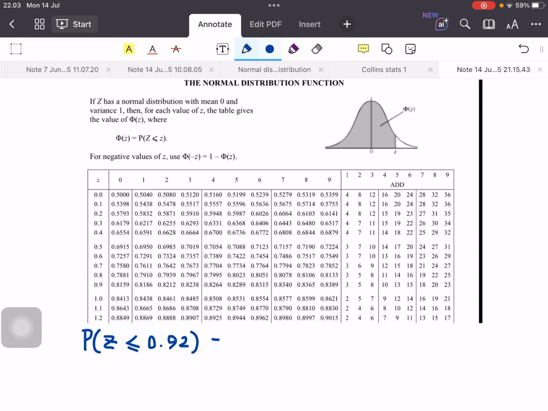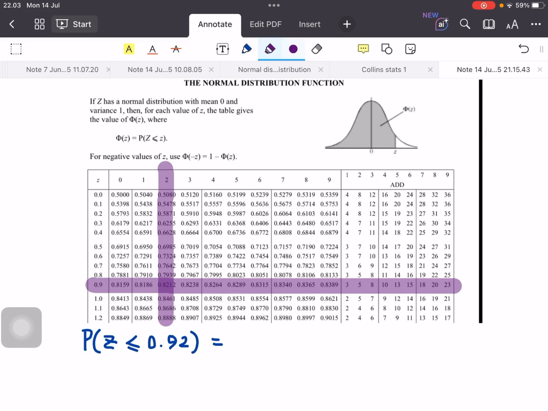First, you need to spot 0.9 here. So this one is 0.9, and then the second decimal is 2. This one is for the second decimal. So the answer will be 0.8212.